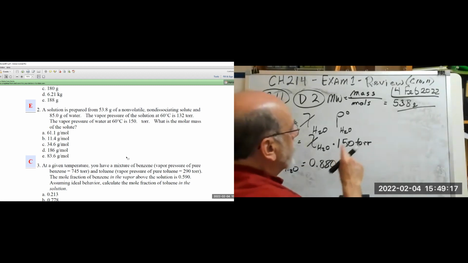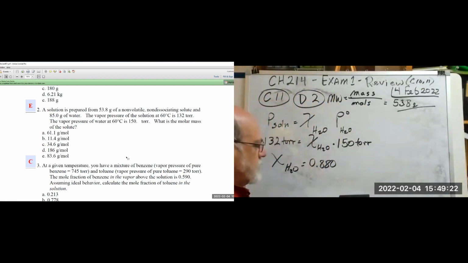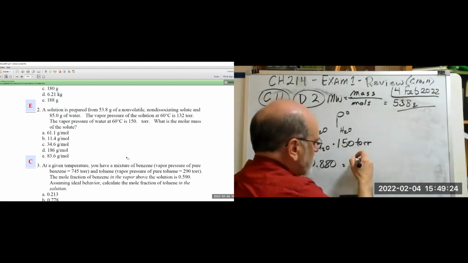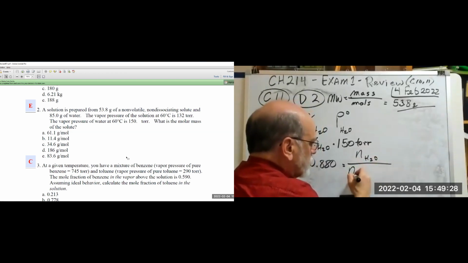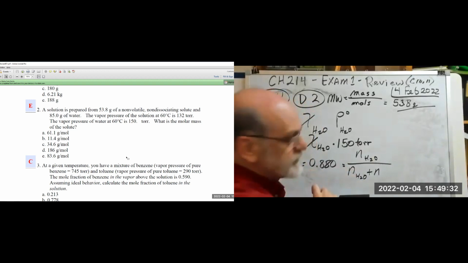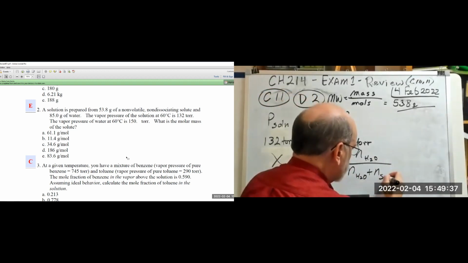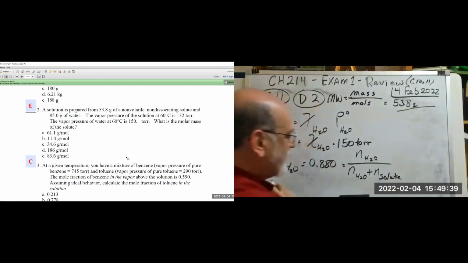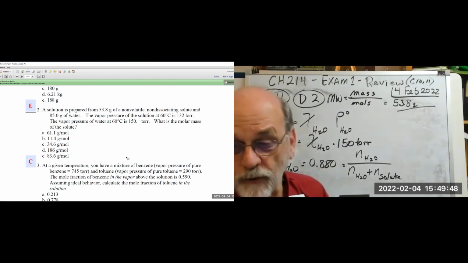So we want to know how many moles. What does this mean? This means the moles of water divided by the total moles of water and solute. So how many moles of water do we have?